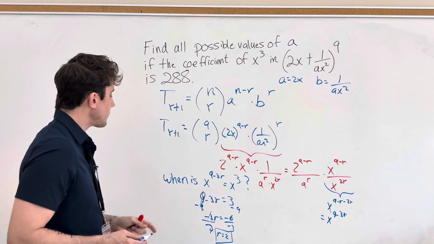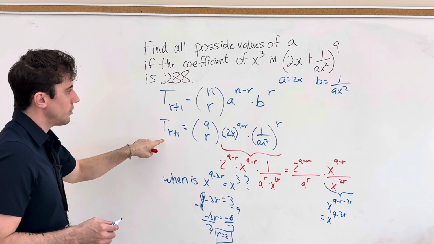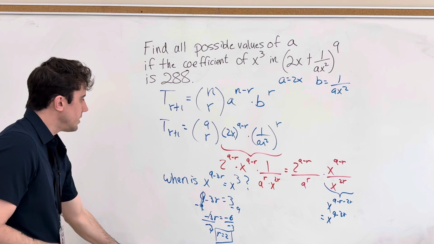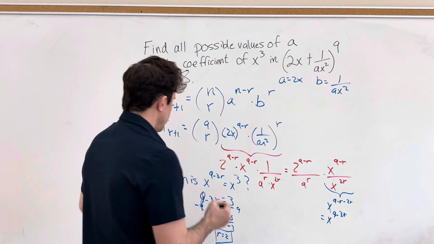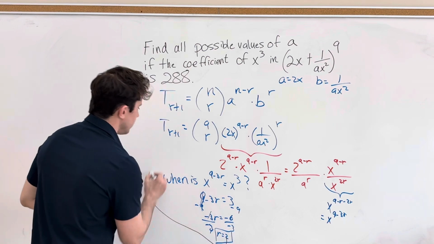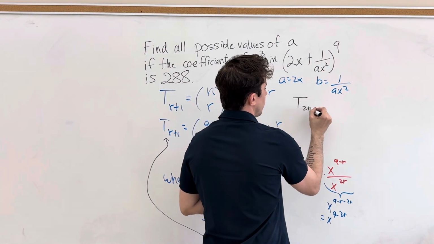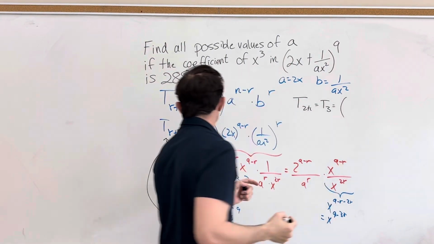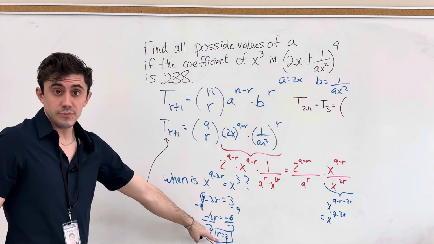Okay? So r being positive 2 means that we are looking for the r plus 1th term. So we're going to look for the third term, right? So if we plug this into here, t 2 plus 1, which is t3 for the record, that is going to be 9 choose r, and r is 2, we found.